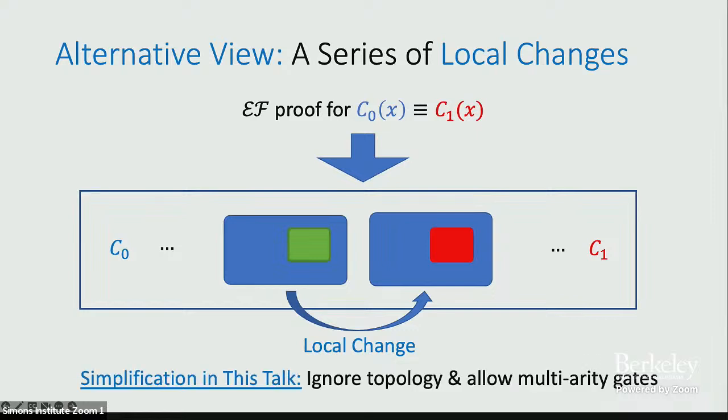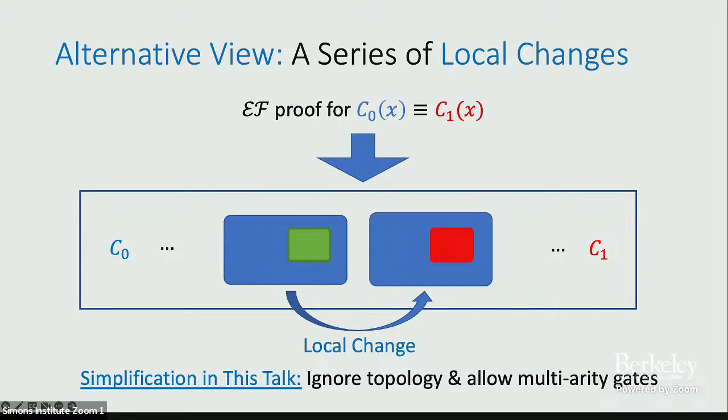In the rest of this talk, I'm going to show you this translation from the extended Frege proof to this series of local changes. But for simplicity of this talk, I'm going to ignore the topology change for this series of local changes. So I'm allowed to add a gate or delete a gate freely.